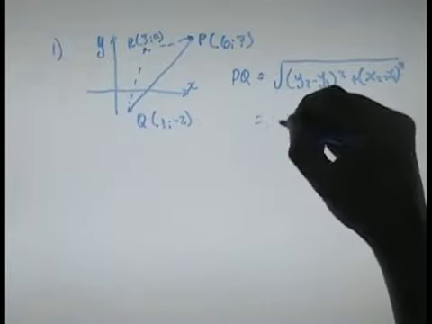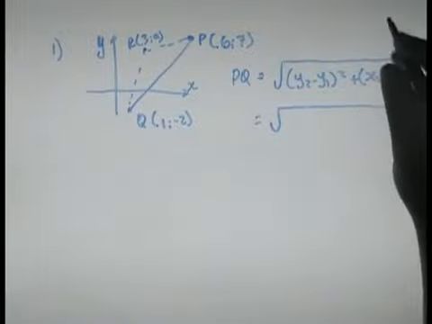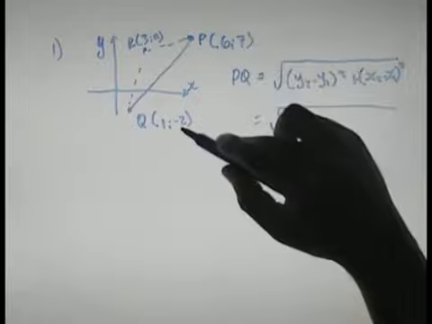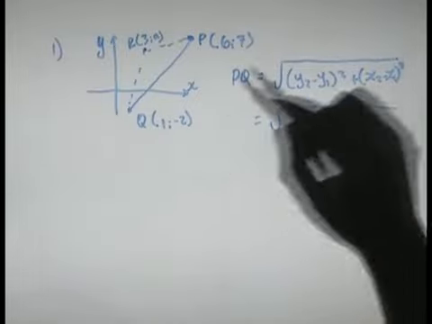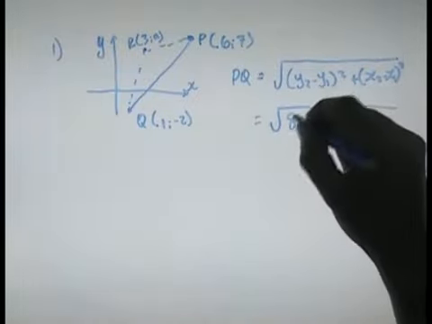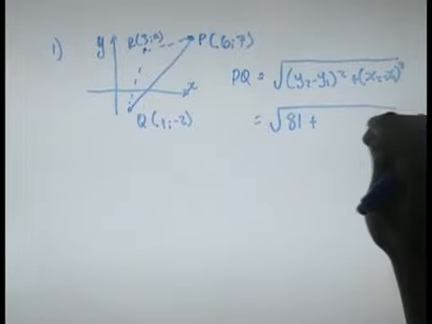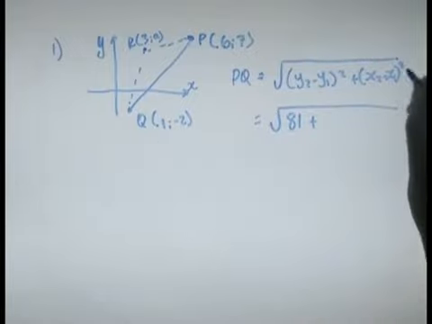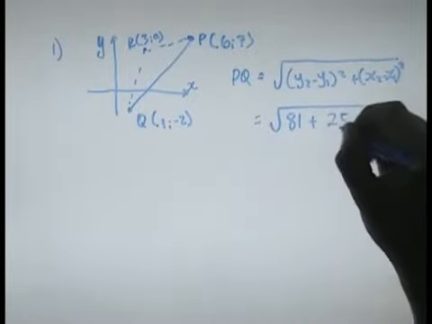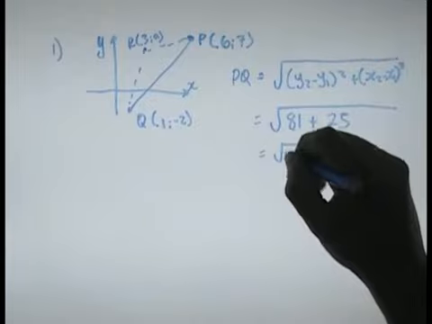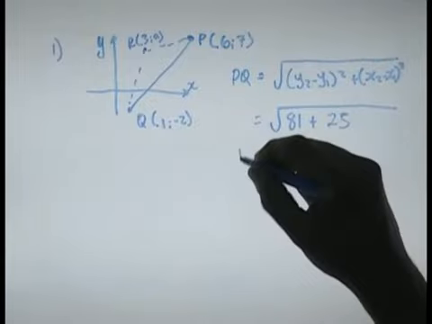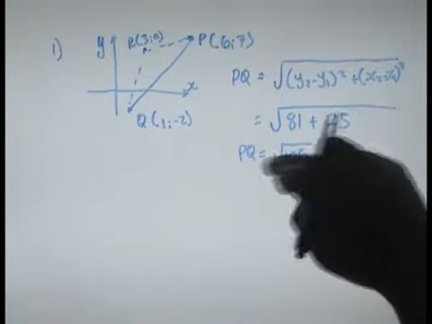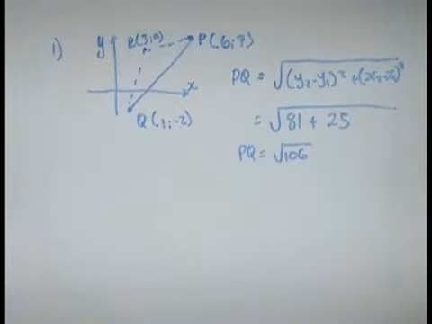That's going to give us the square root of (7 minus -2, or 7 plus 2) squared, which is 81, plus (6 minus 1, which is 5) squared, which is 25. That gives us the square root of 106, and we can leave it in that form. That is the distance PQ.